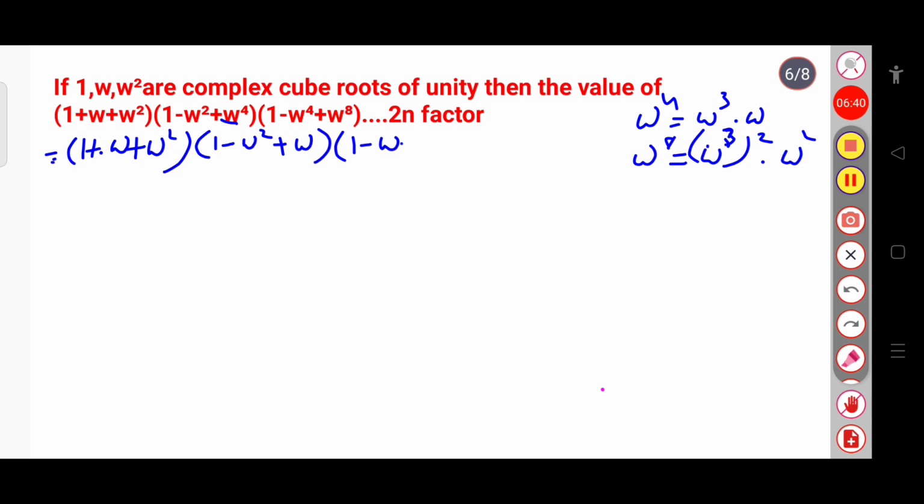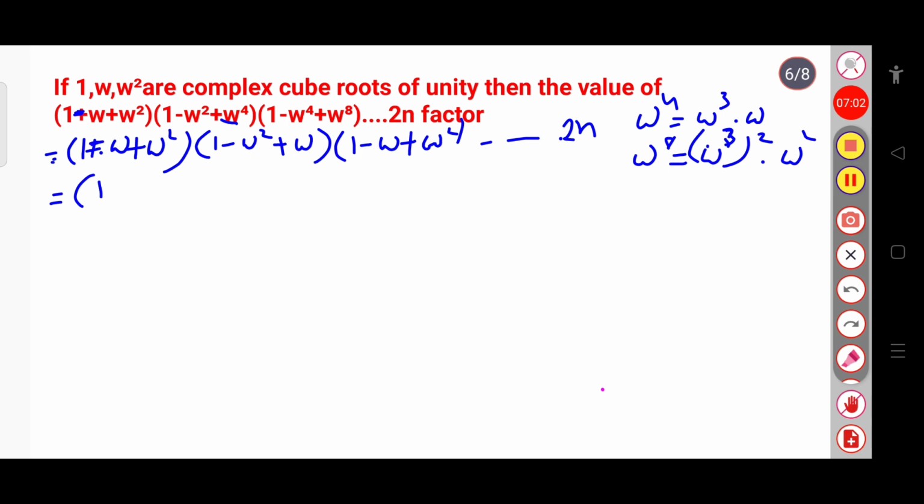So, this becomes 1 minus omega plus omega square, and so on up to the 2n factors. Clear? Sorry, there is a little mistake, this will be 1 minus omega plus omega square in this question.